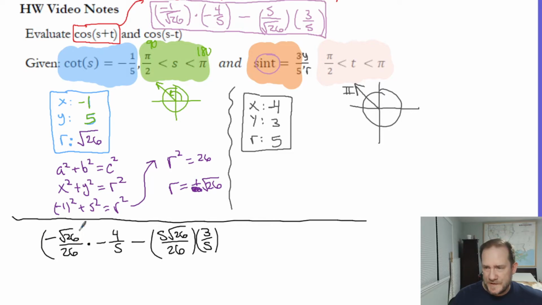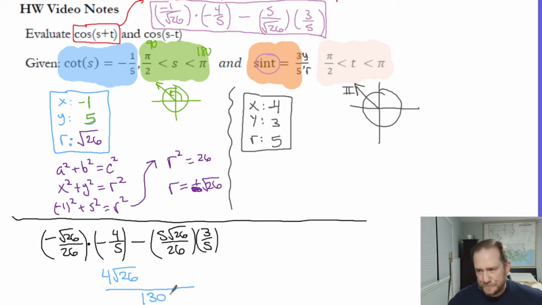And we're multiplying, so this negative times a negative will be a positive, and we'll get 4 root 26. And just because I'm running out of space, that will be in my numerator, but I'll have this shared common denominator, that is whatever 26 times 5 is, so sounds like 130 to me.